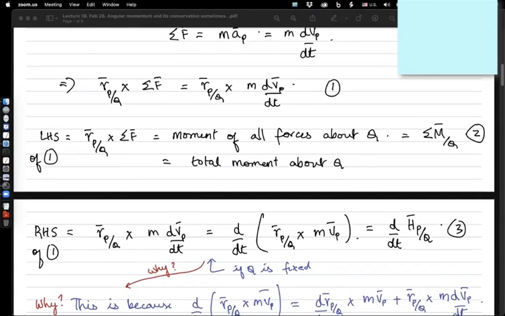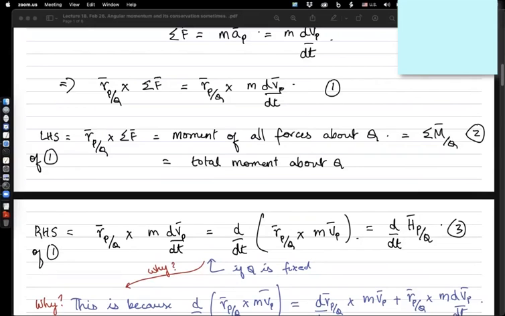And one can show that this is actually d/dt of, you're bringing this d/dt all the way outside, d/dt of R_P/Q cross m V_P. In other words, it's d/dt of H, the angular momentum of P with respect to Q. And this is true only if Q is fixed, it turns out.